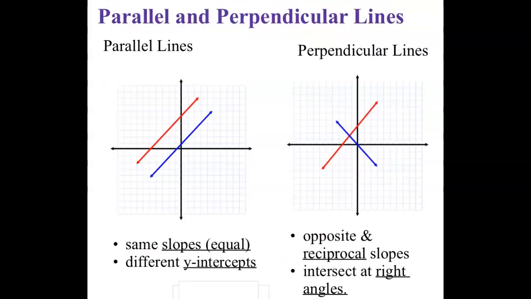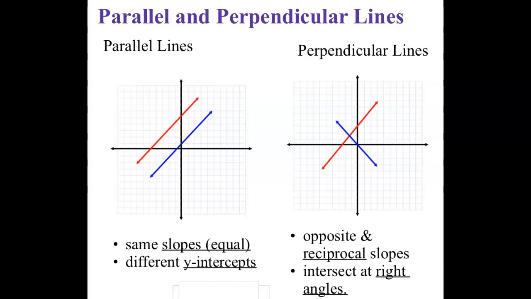All right. The last piece that we need to talk about are the ideas of parallel and perpendicular lines. What do you know about the first picture? They are parallel. All right, two lines that do not intersect are parallel. What can you tell me about the slopes of those parallel lines?